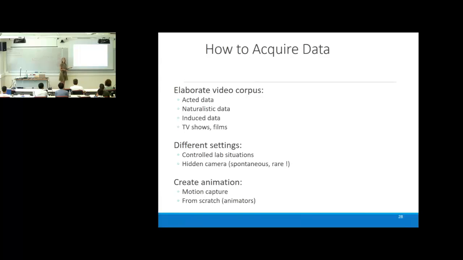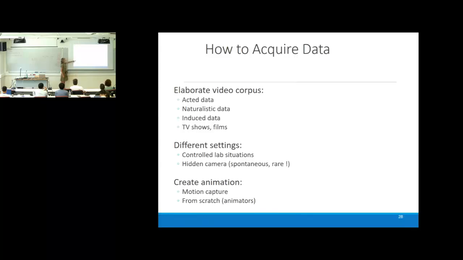So people working on emotions have been using a lot of acted data, but the expression of emotion of even very good actors is very different from expression of emotion that is really felt. So people are trying to induce data. I'm going to show you an example where we induce data later on. And also we can have TV shows.